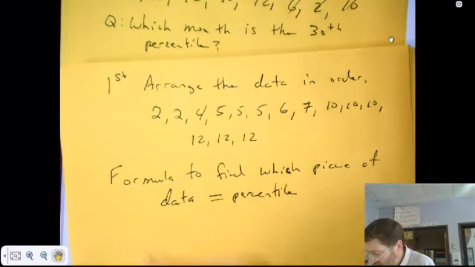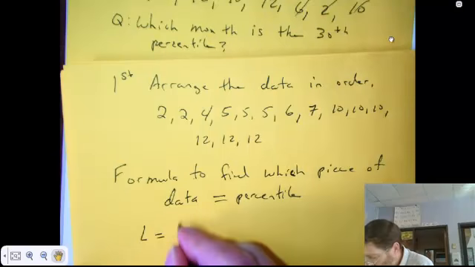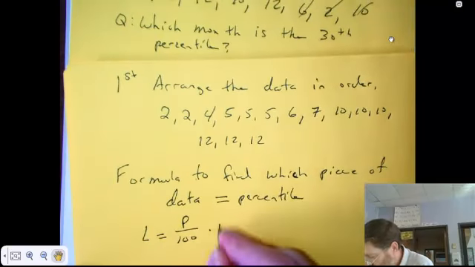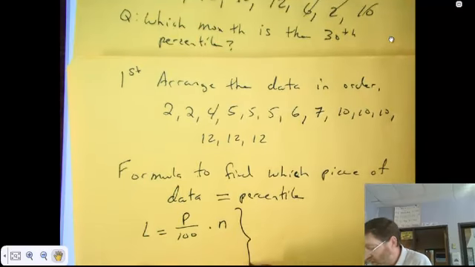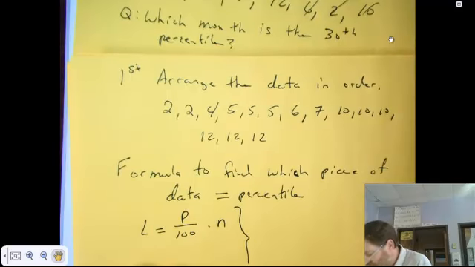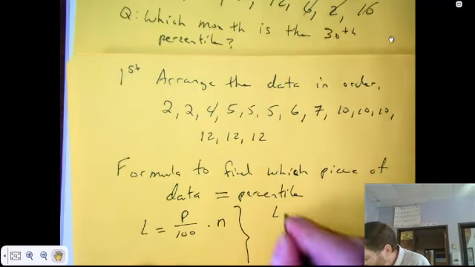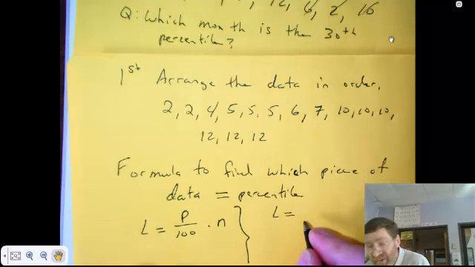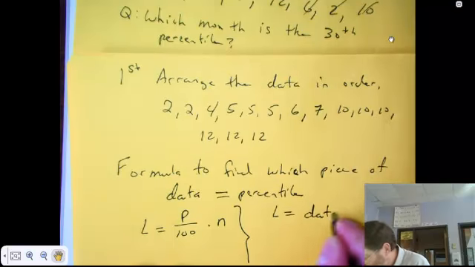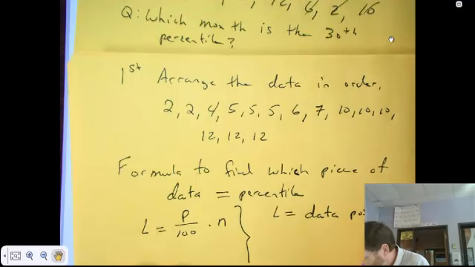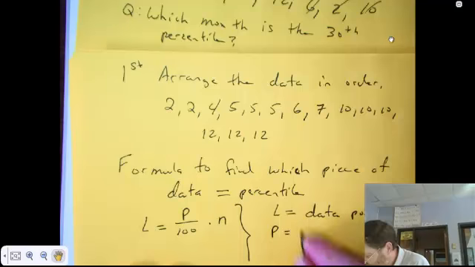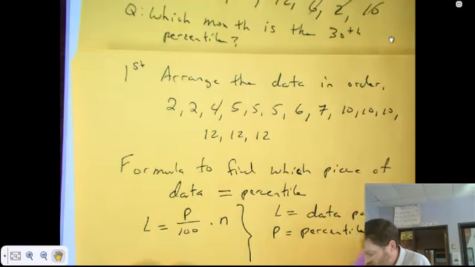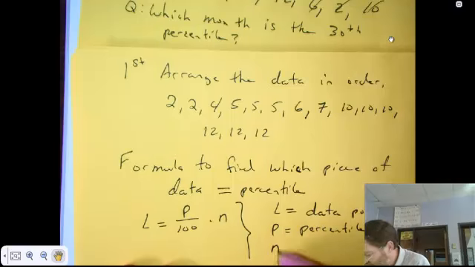So our formula is L equals P over 100 times N. And again, these formulas are on the formula sheet. You have to know what each thing is. L equals the position of the data. Is it the first number, the second number, the third number? P would be the percentile. And N is the number of data values.